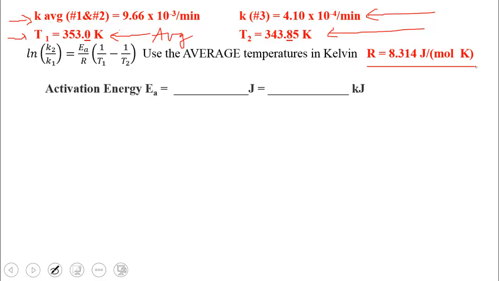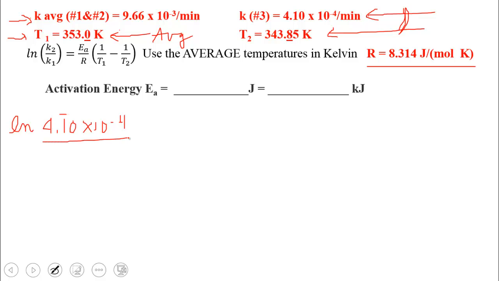And so I just need to plug in information. Here I'm going to have the natural log. K2 is going to be the new rate constant at the new temperature, so that's going to be the rate constant found in test tube number 3, 4.10 times 10 to the minus 4.